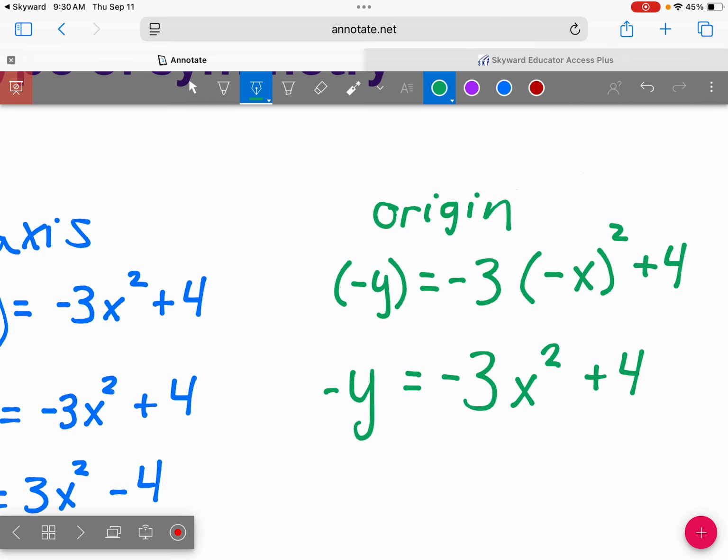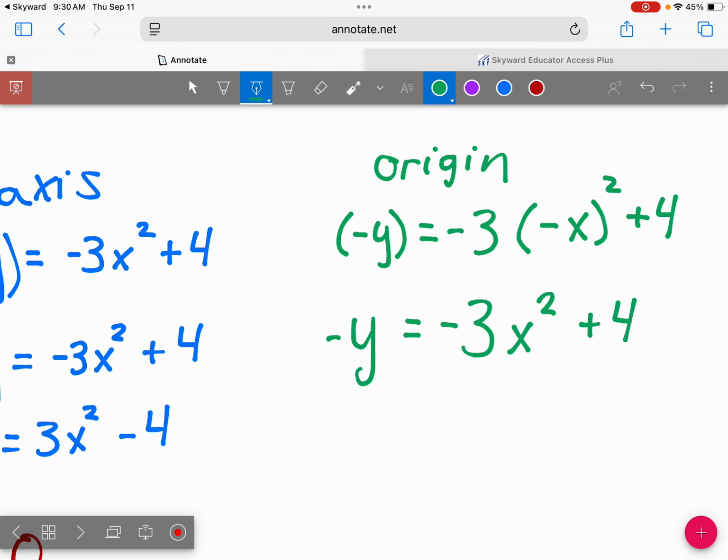We've got our minus y equals negative 3x squared plus 4. Exactly what we had right here. So are we going to get back exactly what we started with? Like, you could absolutely finish it out by dividing or multiplying by negative 1. We get our positive 3x squared minus 4. Exactly what we got on our y-axis symmetry.